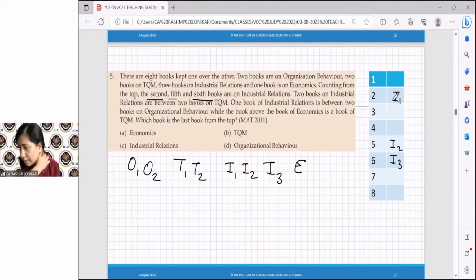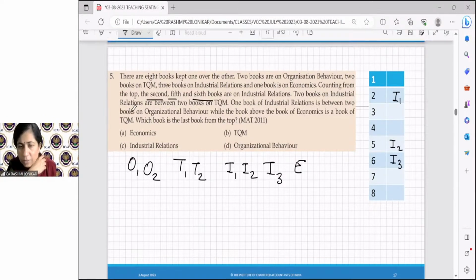So I have second T1, I1, I2, I3. So I have written about the industrial relation books. 2 books on industrial relations.